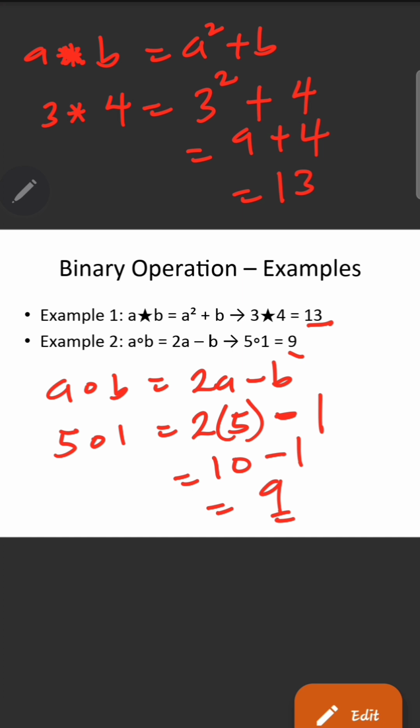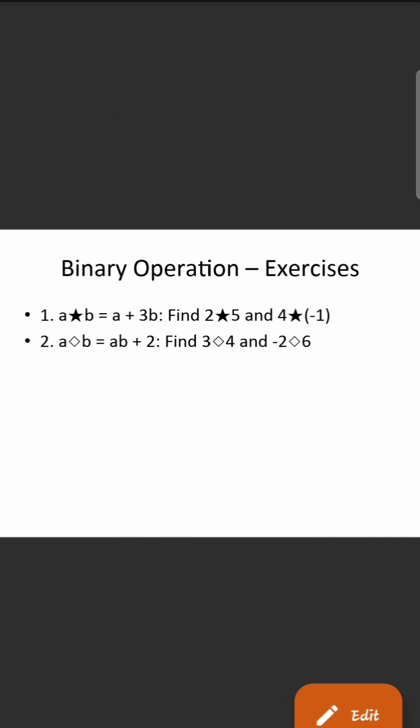So let's look at another example. Make sure you copy down the examples, please. Then the next one, let's look at this. We are given A operation B as A plus 3B. So we are asked to find 2 operation 5 and 4 operation minus 1. That's very simple.